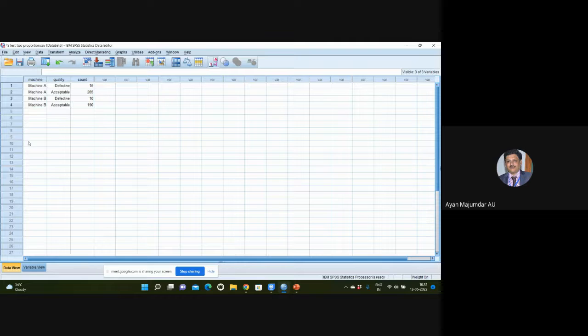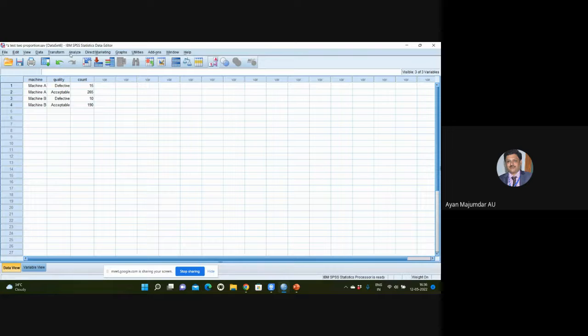And out of 200, 10 is defective, so the rest 190 is acceptable. So from the total, we have subtracted the defective and taken the acceptable. This is the data available to you. We will check whether there is any significant difference in the reliability of the machines.